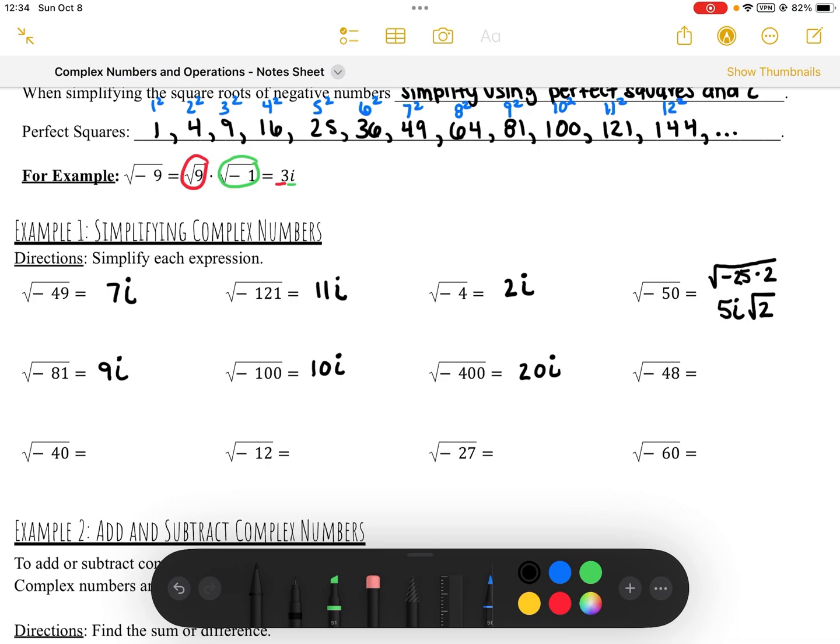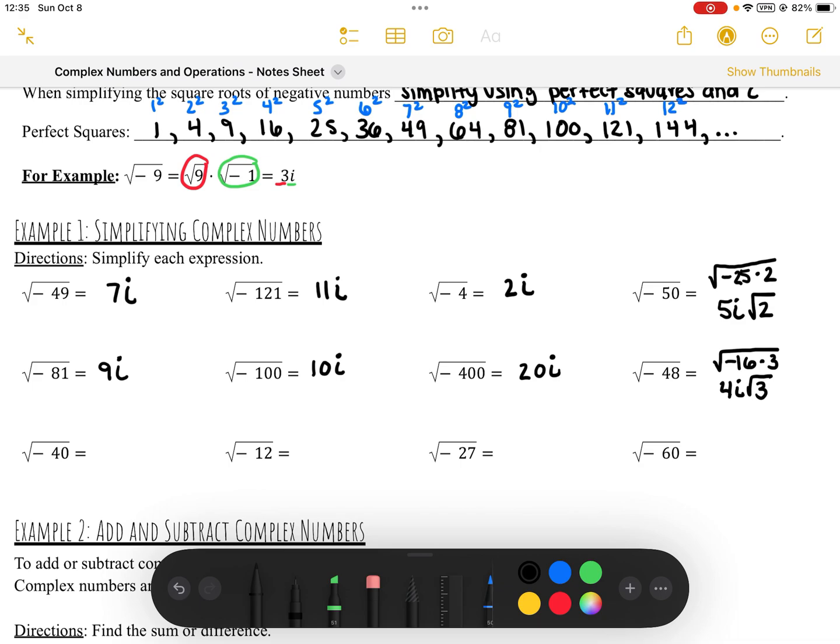Then square root of negative 48. 48 is not a perfect square, but I can rewrite it as negative 16 times 3. Square root of negative 16 will give me 4i, and then square root of 3. So 4i times the square root of 3.